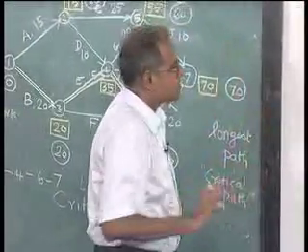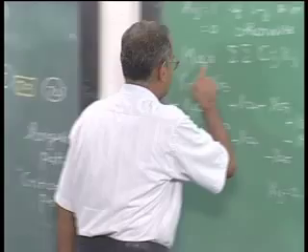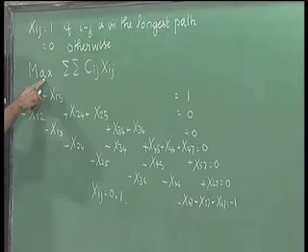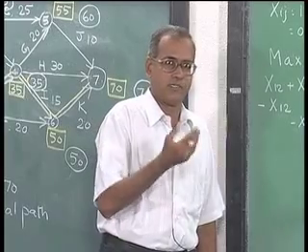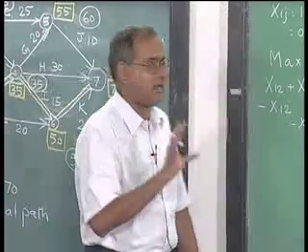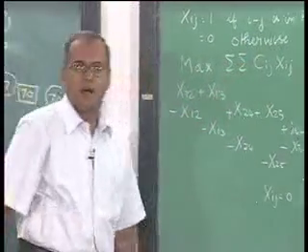This formulation is very similar to the shortest path formulation, except that the shortest path will have a minimized Cij Xij. Here we have a maximized Cij Xij. We have already seen that the shortest path problem is unimodular, and unimodularity has only to do with the constraints and it has nothing to do with the objective function.